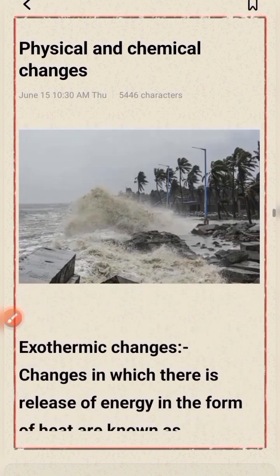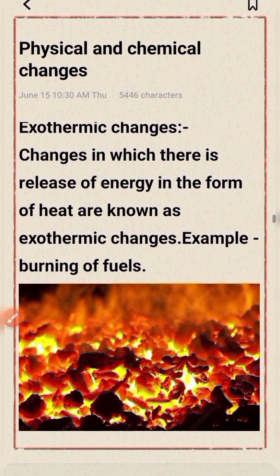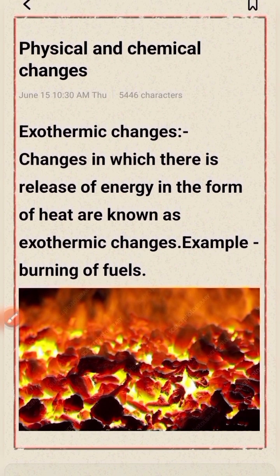Okay. Next changes, exothermic changes, increasing the temperature. Okay. Changes in which there is release of energy in the form of heat are known as exothermic changes. Okay. Example, burning of fuels.